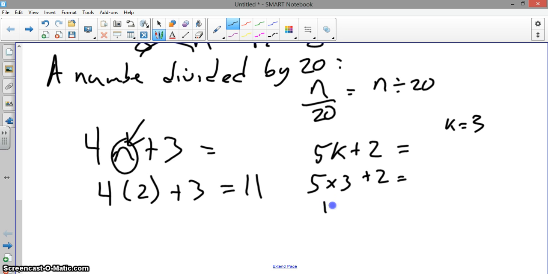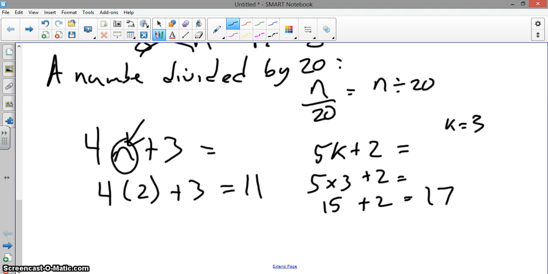So that's 15 plus 2 equals 17. You notice how I'm writing down all my steps here? You better do this. If you do not write down your steps, you are going to get in trouble, because all teachers want to see your work. If you're not showing your work, you're going to lose marks. Don't make me repeat this again.